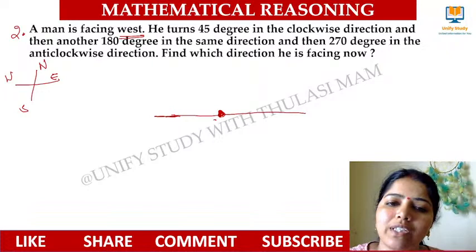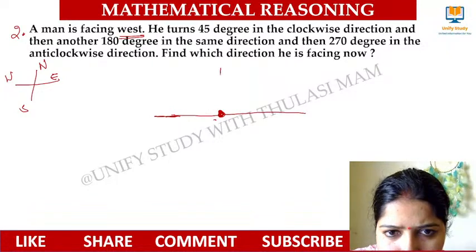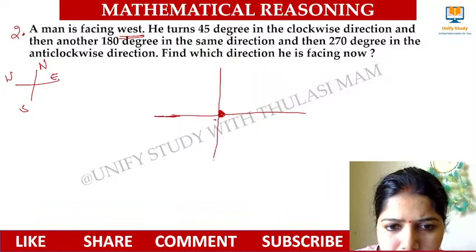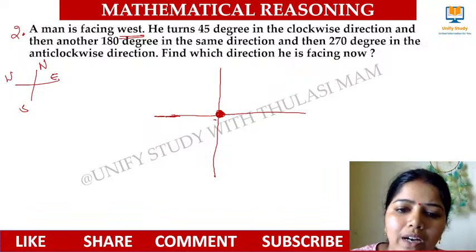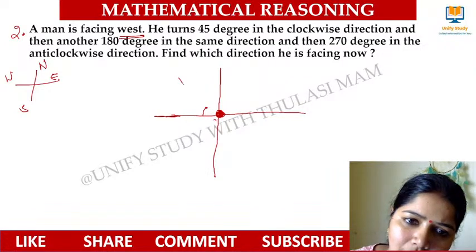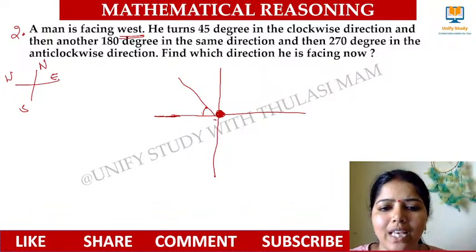He turns 45 degrees in the clockwise direction. Clockwise means this direction, right? So he is here in the west direction and he turns clockwise by 45 degrees, so half.